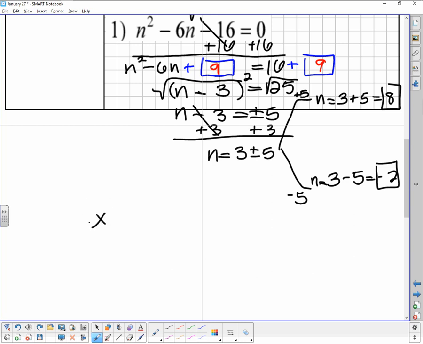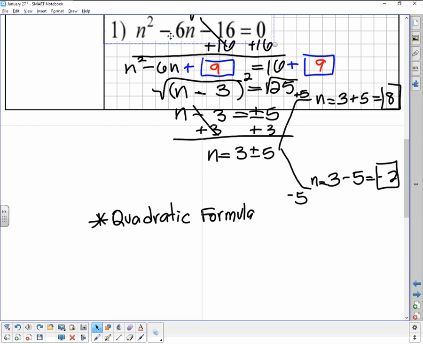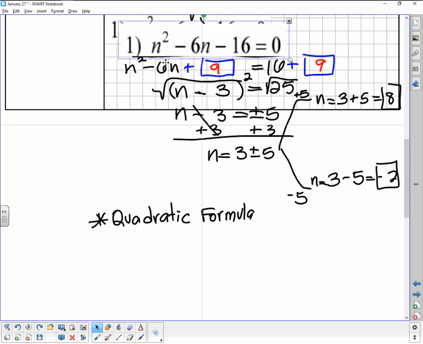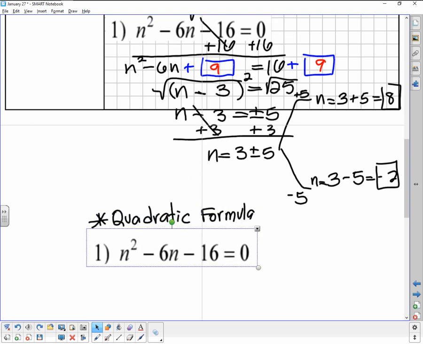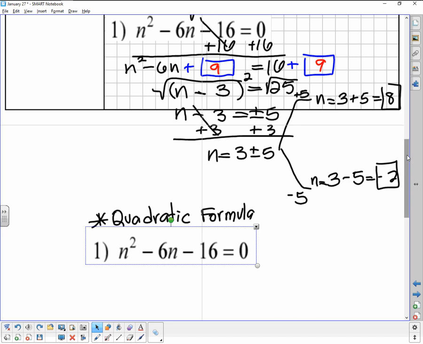So the quadratic formula will be the following. Okay, they gave me that problem.